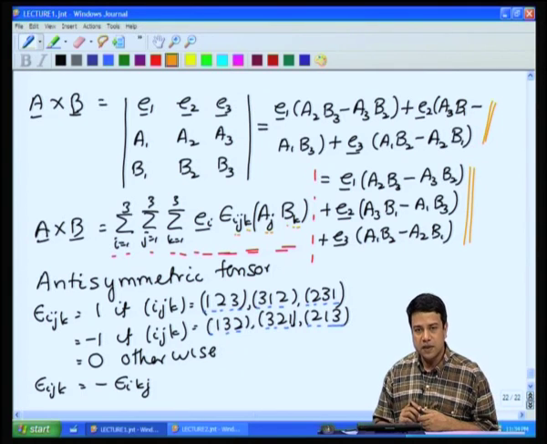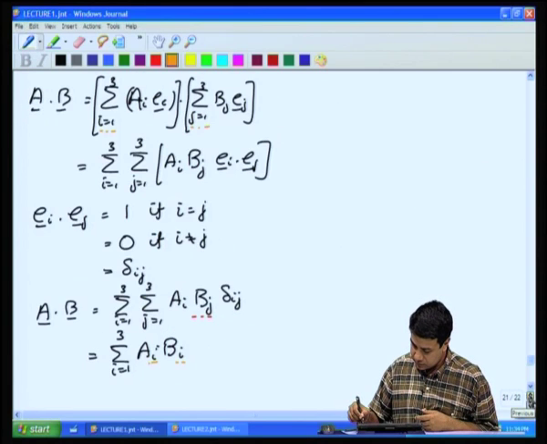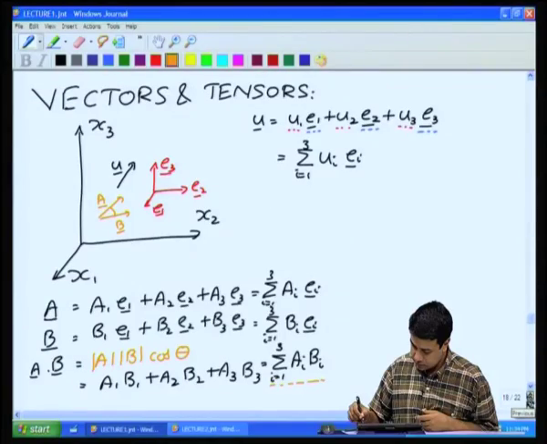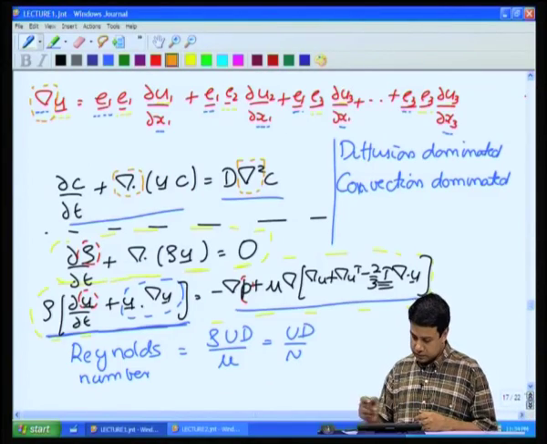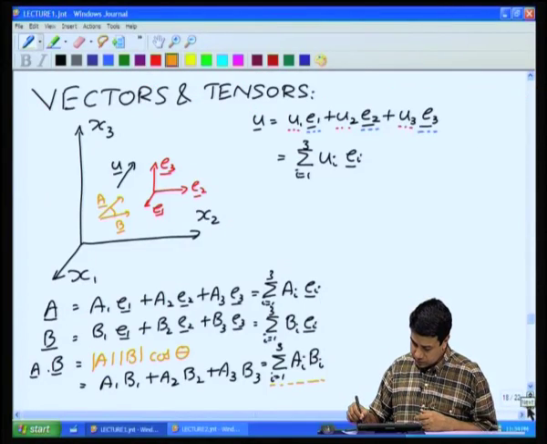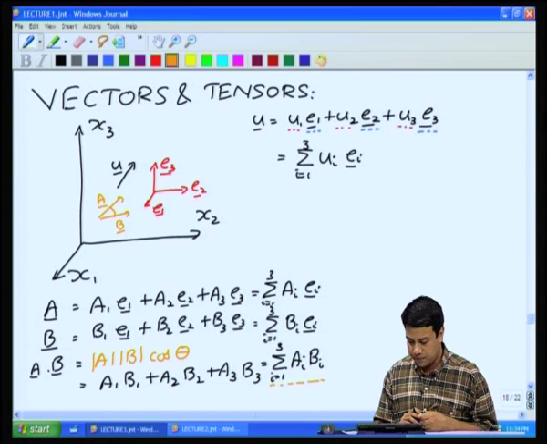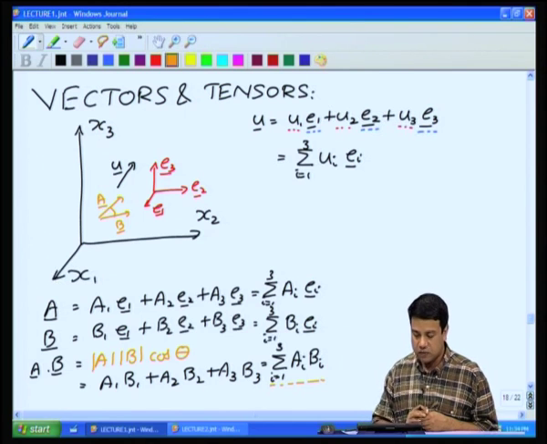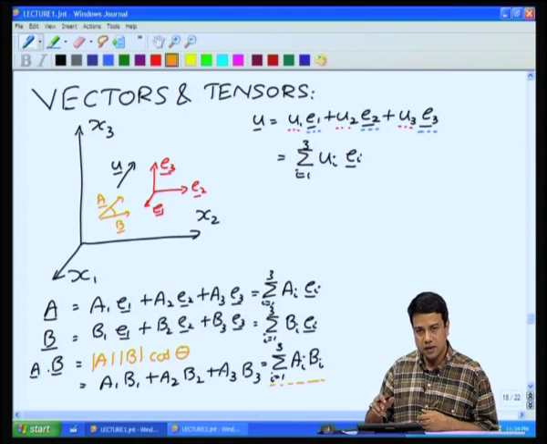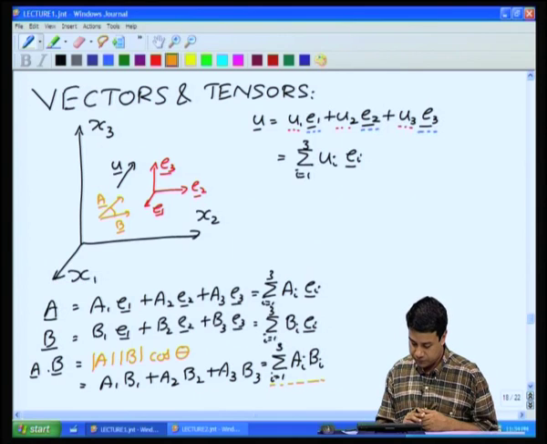Now, let us make a notational simplification. In this case I had written down u vector as u i times E i. There was one index i that was not repeated, and that index was summed over 1 to 3, and there was a unit vector next to it.